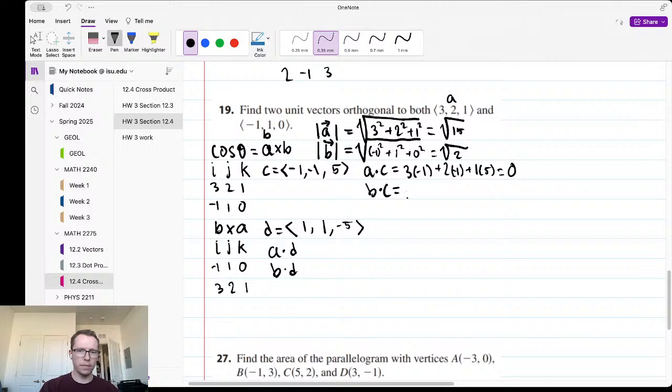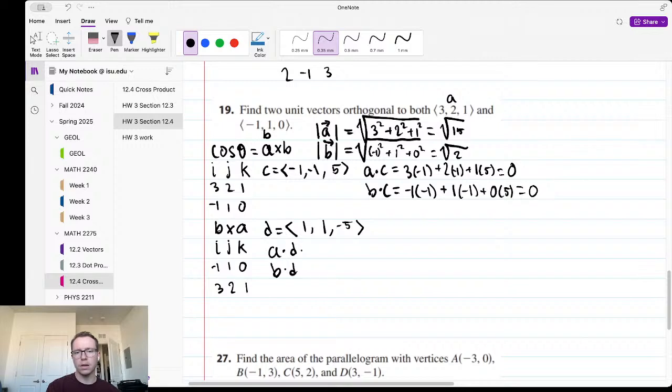So we have negative 1 times negative 1 plus 1 times negative 1 plus 0 times 5. So that's positive 1, negative 1, 0, 0. Okay, so that's orthogonal to both of those.